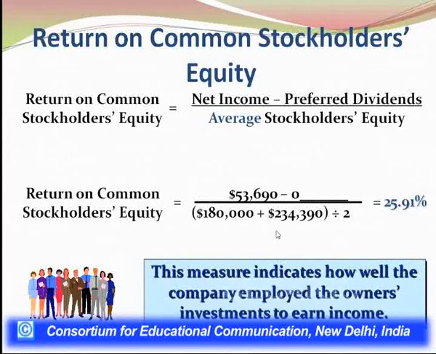These two values come from the liability side of your balance sheet at the bottom, where we discuss stockholders fund. There we have these two values. If you noted them down well, this 180,000 and 234,000 were the second last value in the stockholders funds column.